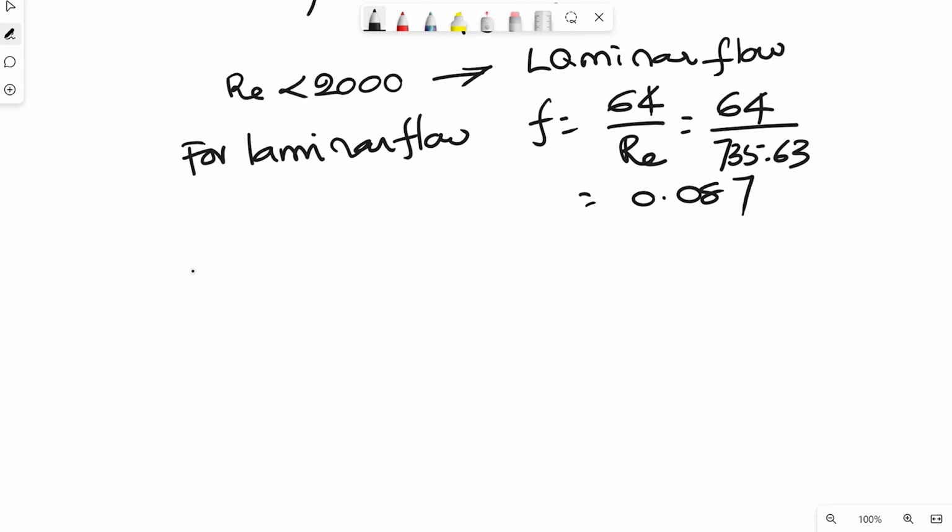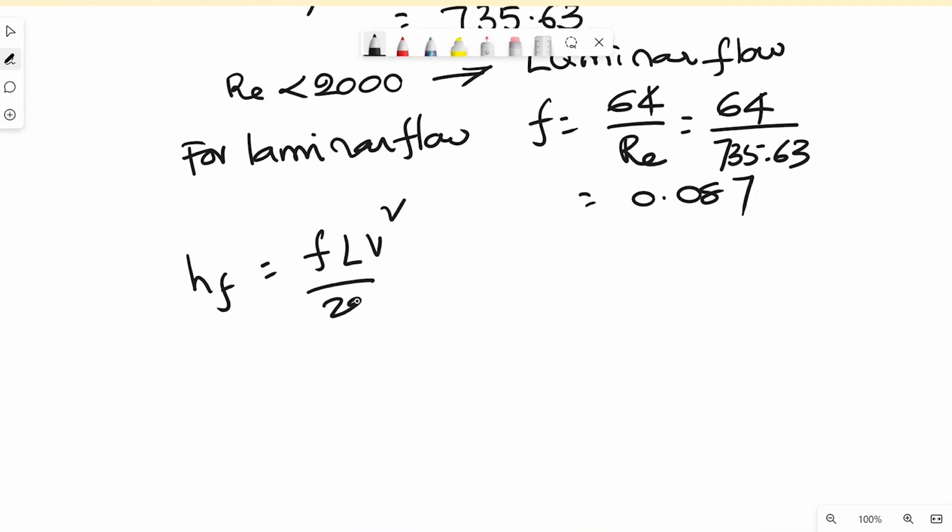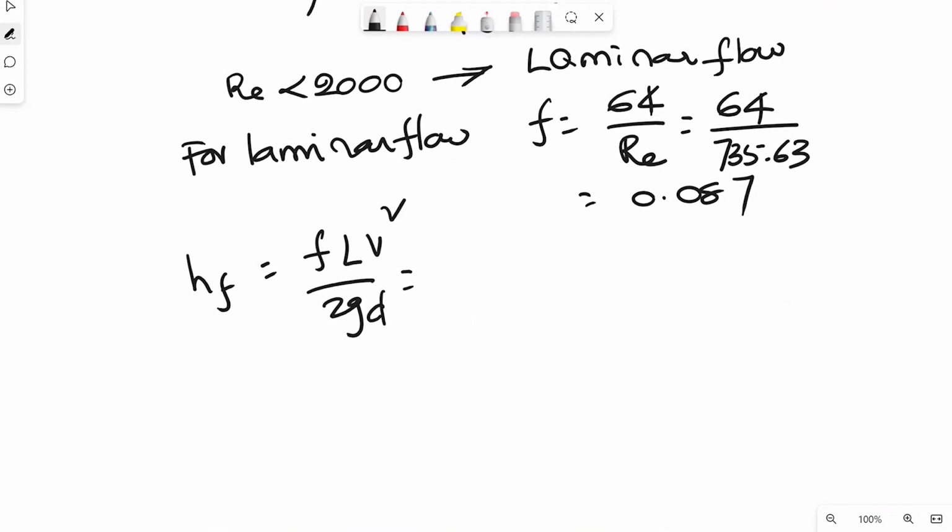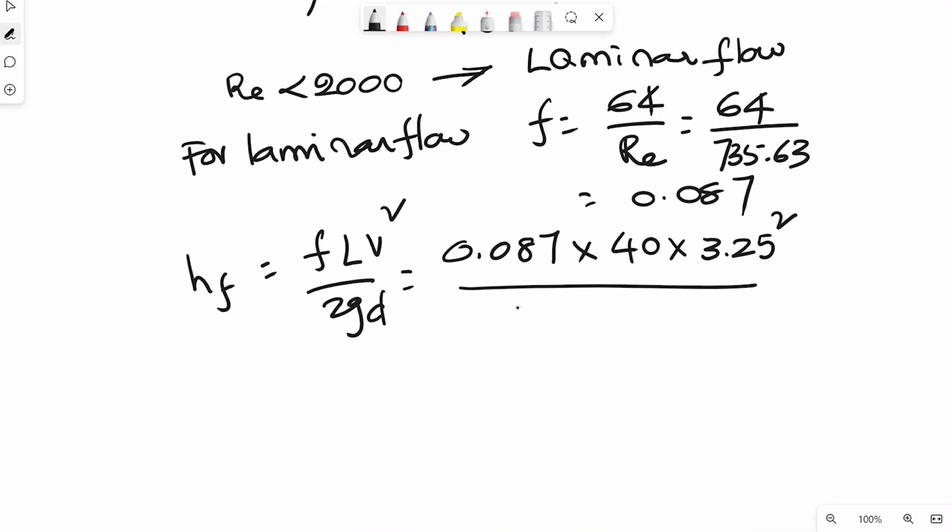Therefore hf is equal to f L V squared by 2 g d. f is equal to 0.087 into L equal to 40 into V equal to 3.25 whole square, divided by 2 into 9.81 into diameter 0.150. So this is equal to 12.49 meters.